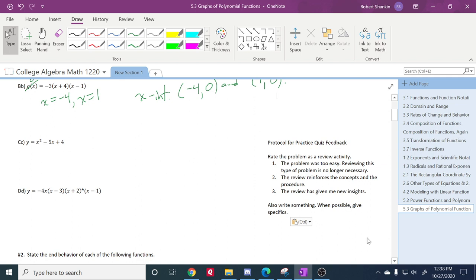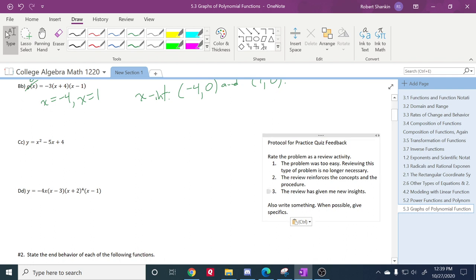Number 1, the problem was too easy, reviewing this type of problem is no longer necessary, so it means you can move on. Number 2, the review reinforces the concepts and the procedures, so it's helpful. Number 3, the review is giving me new insights: oh, I see it a little more deeply now.